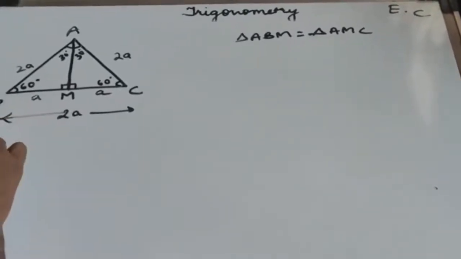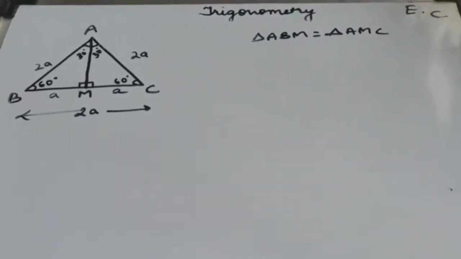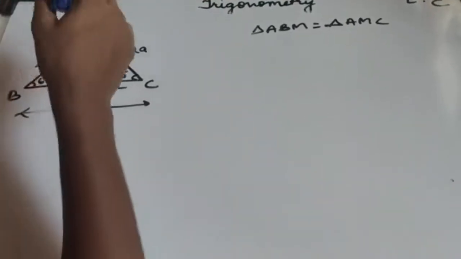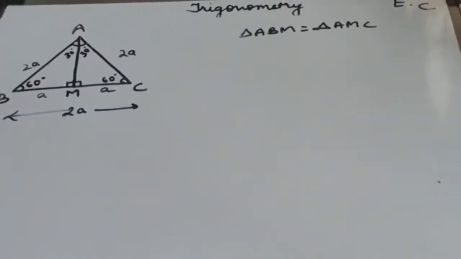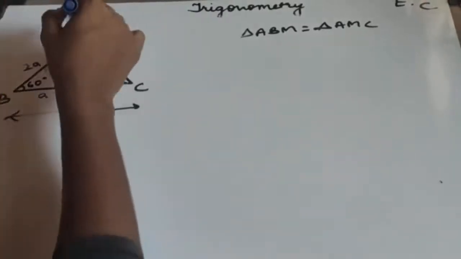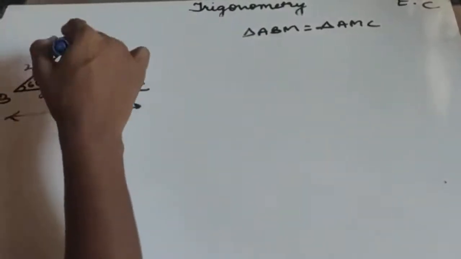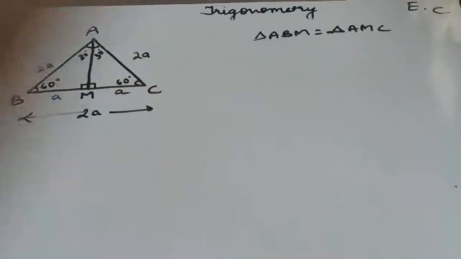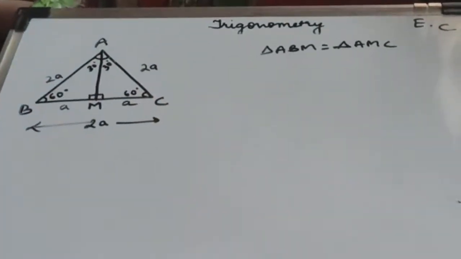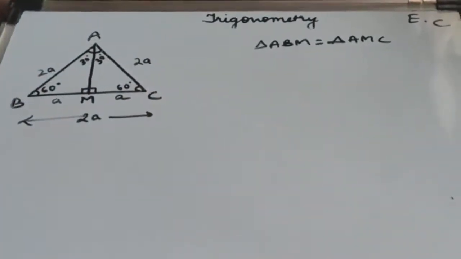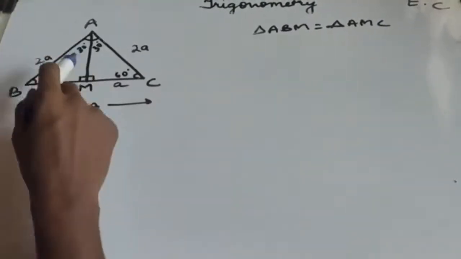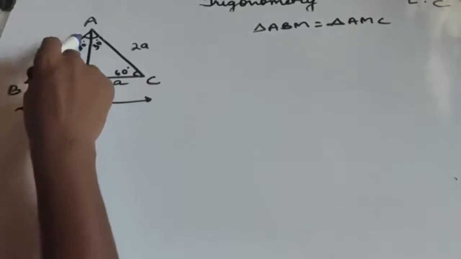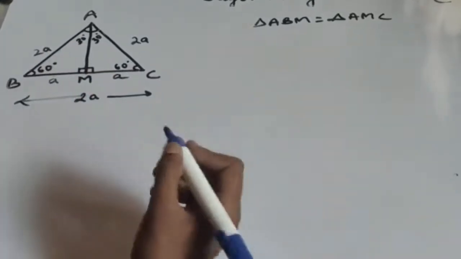Similarly, side BM is equal to side CM, isn't it? And AM is common to both the triangles. And angle AMB and angle AMC both are 90 degrees. So we can say these triangles are congruent because of the SAS test, that is side angle side test. Okay, so let's move forward.